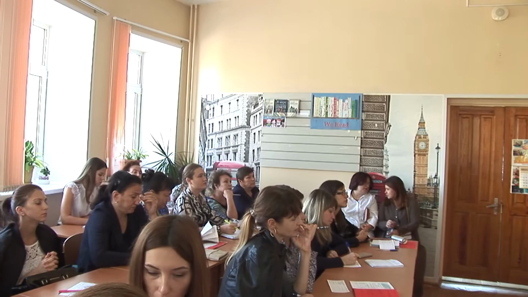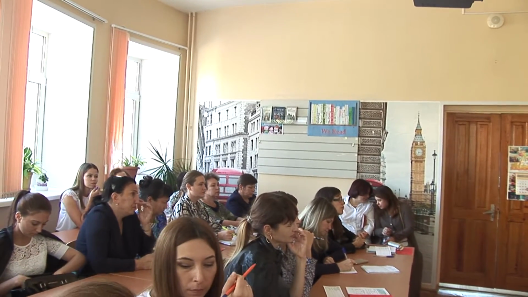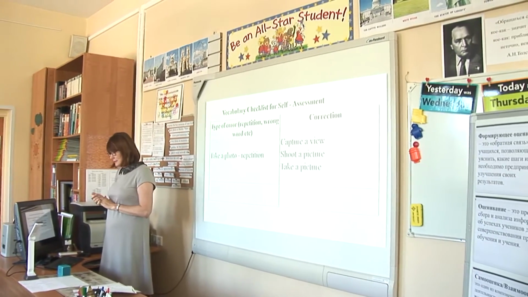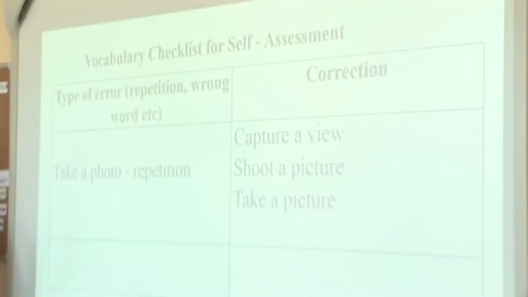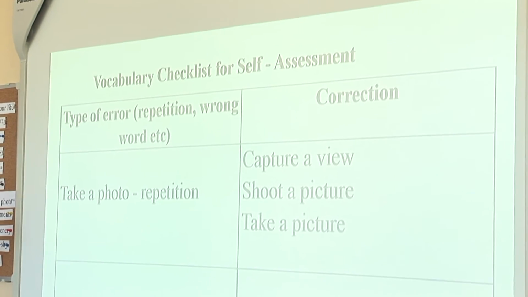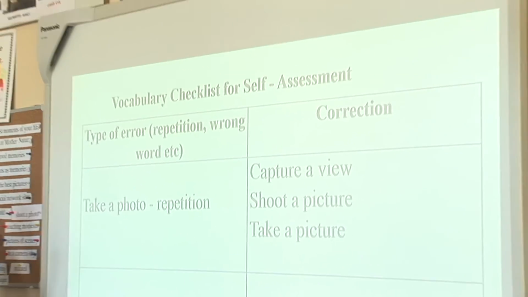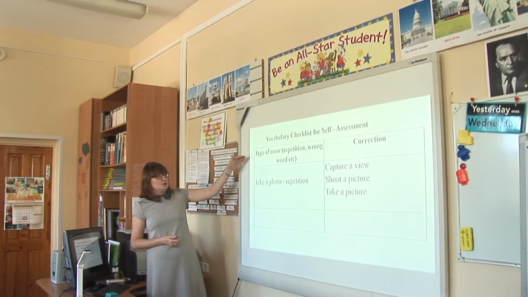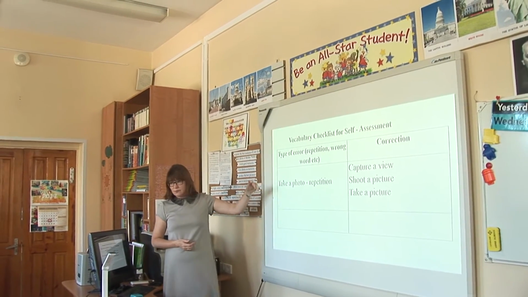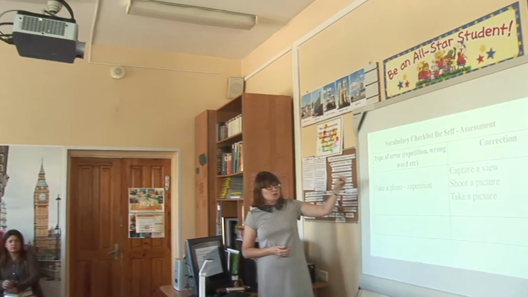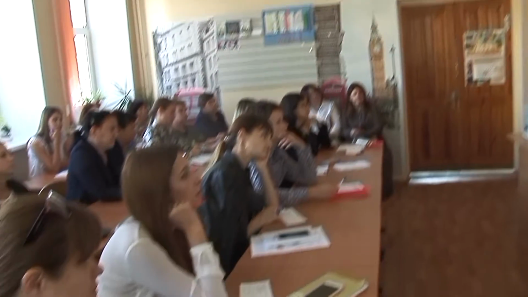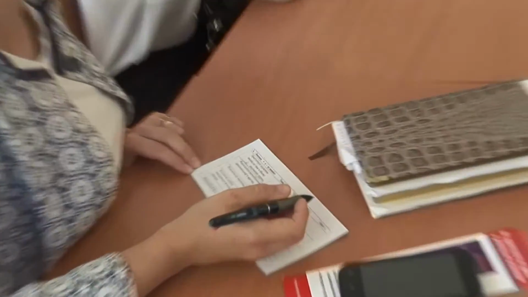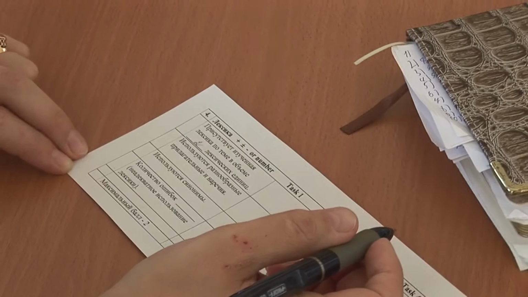But there are some more very important checklists. For example, this vocabulary checklist for self-assessment. It is very important, because here they write the type of error they made, for example, repetition, or they used a wrong word, and then the correction. So what can you say about this girl's performance?